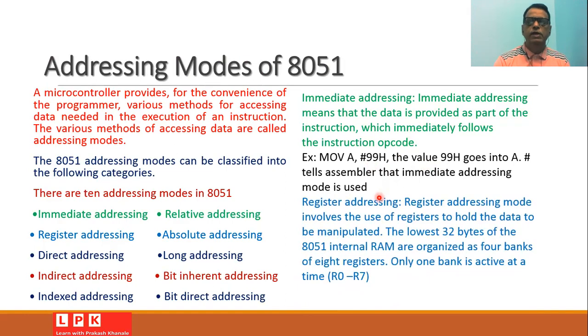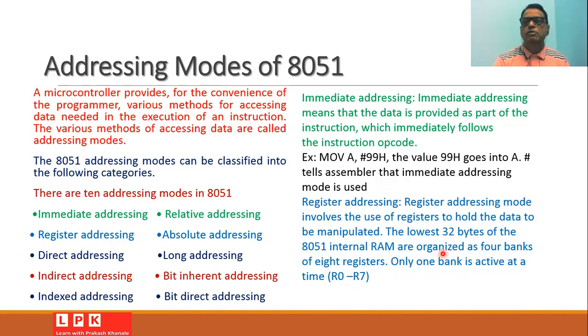Another addressing mode that is very popularly used is register addressing. In register addressing, we use the registers to hold the data, and this data can be manipulated. In the internal RAM structure of 8051, the lowest 32 bytes of the internal RAM are organized into 4 banks of 8 registers.